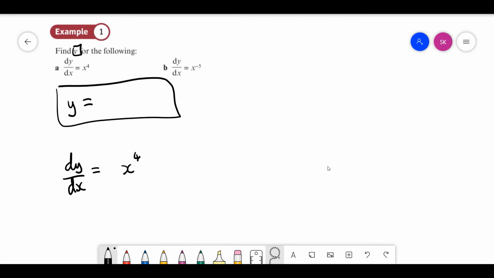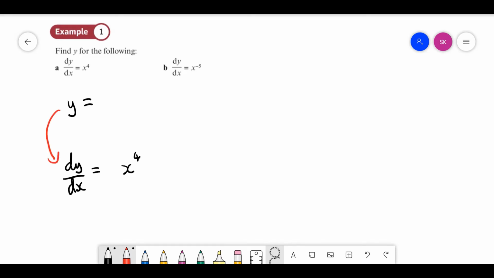Why do you think I've written y above dy by dx? It's because I want you to think of y as being the starting point. We differentiate to get dy by dx, and we integrate to go back to y. So I want you to think of y as being the starting point, and integration is how we get back to there.